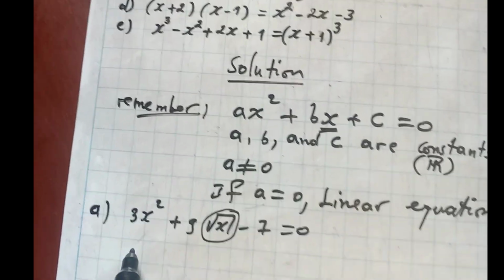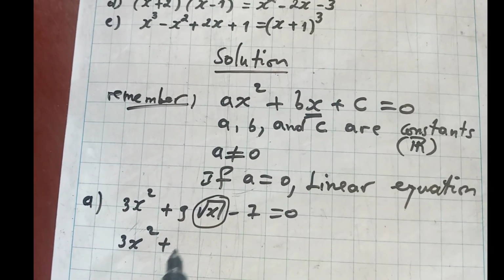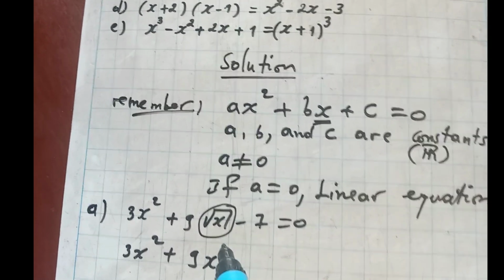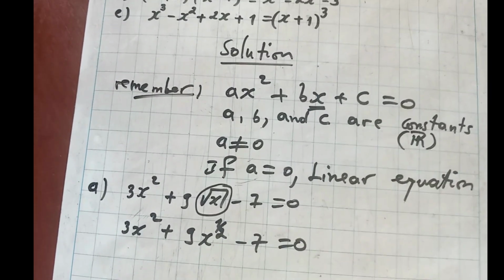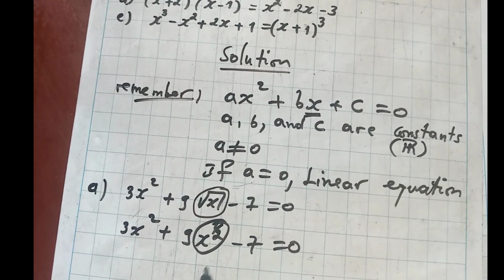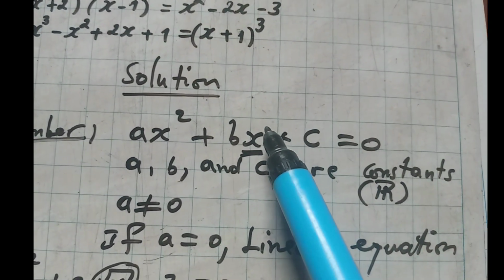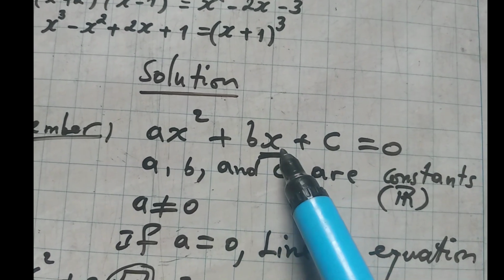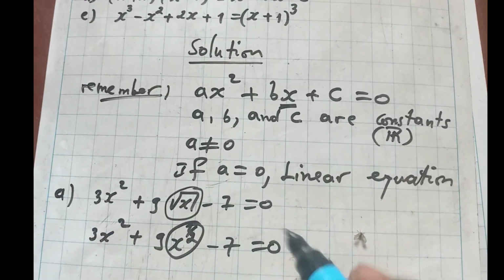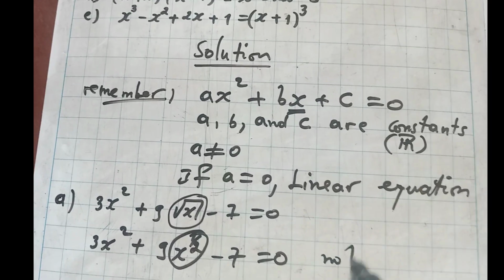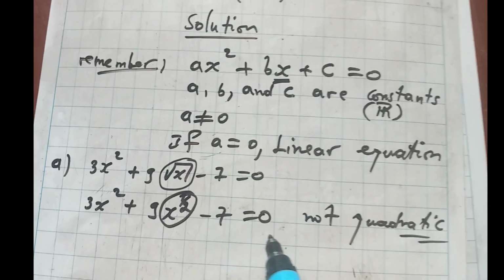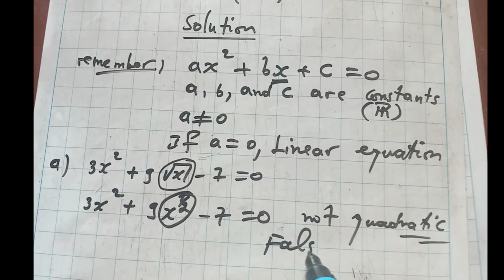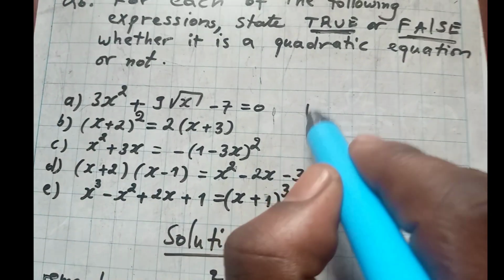Also, I can write it as 3x squared plus 9x to the power 1 over 2 minus 7, which is equal to 0. This one is different from the x you have in the general form of quadratic equation. So this one is not quadratic. So this expression A is false. So we have to answer false here.